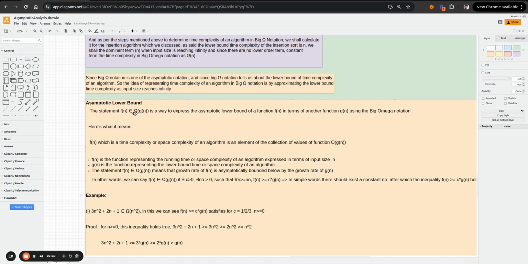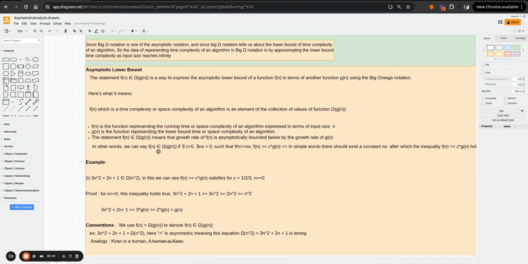What this means is that the value of f of n will be at least a constant multiple of g of n. In other words, we can say f of n belongs to big omega of g of n if there exist two positive constants c and n naught, such that this inequality holds true.